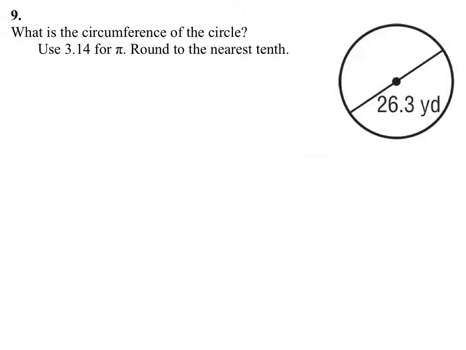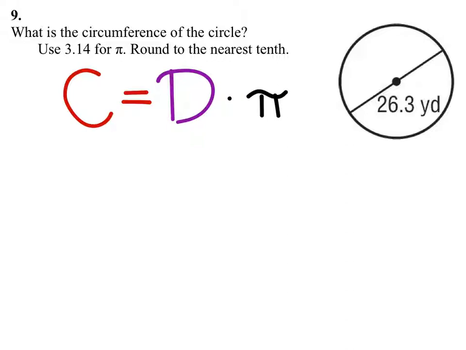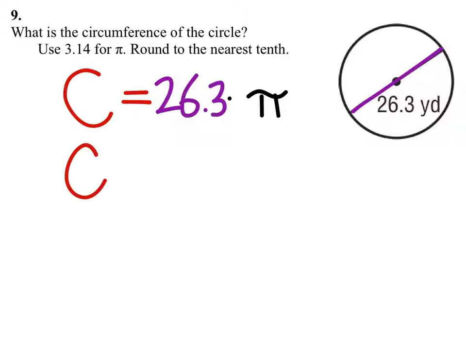Alright, to find the circumference of a circle, we need to take the diameter and multiply it by pi. Now if you use 3.14, that's okay. We can just use the button on the calculator as well. In any case, what they gave us right here was the diameter because they showed the whole line. So I'm going to take 26.3 and multiply it by pi.